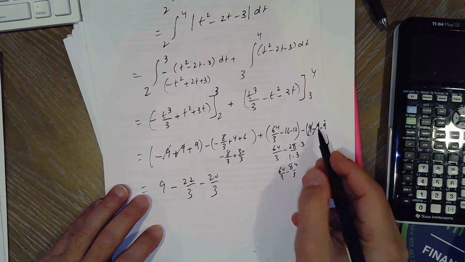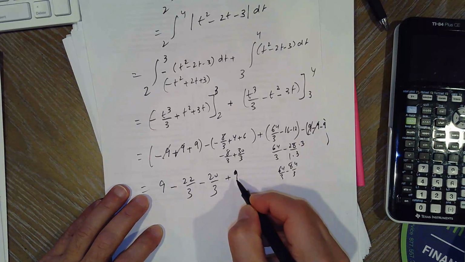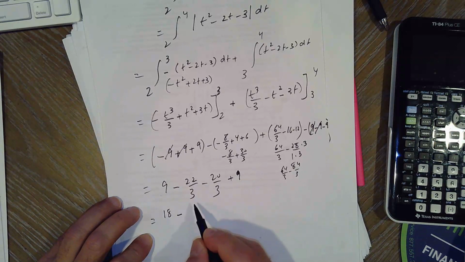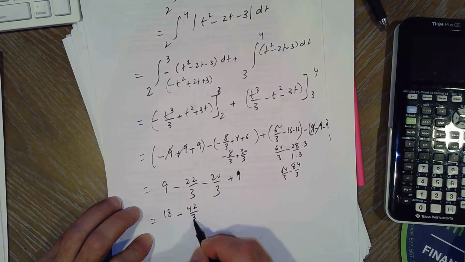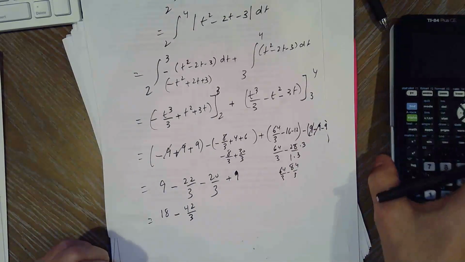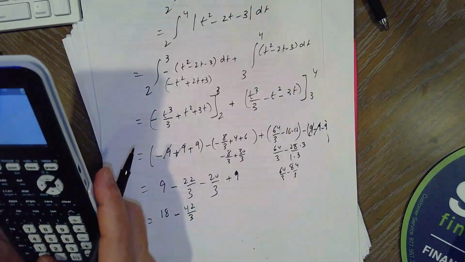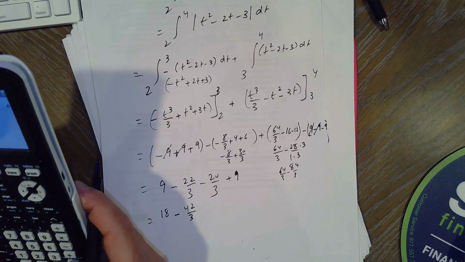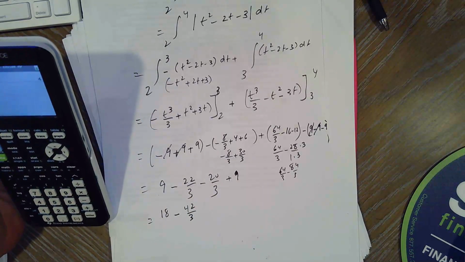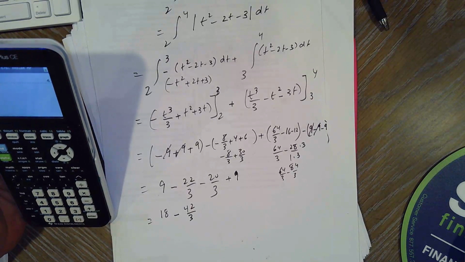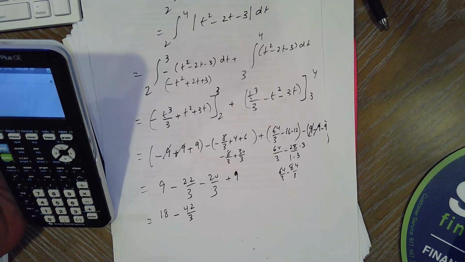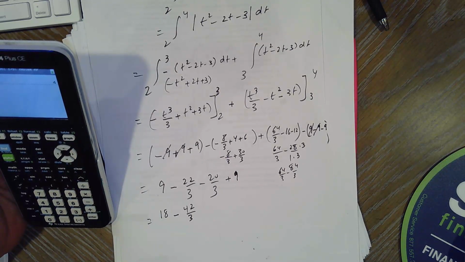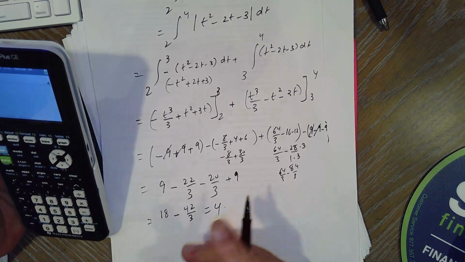And then plus 9. So 9 plus 9 is 18 minus 42 over 3. So it's about 11 point something. 18 minus 42 over 3, no, 18 minus 42 over 3 is 4. So I came out with 4.